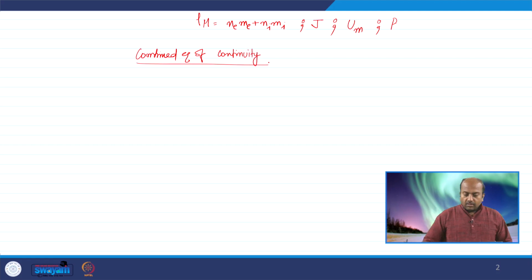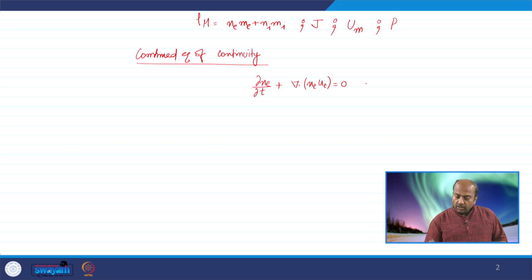Okay. So, let us start from what we know already, which is dou Ne by dou t plus del dot Ne ue is equals to 0. Ne is the number of electrons per unit volume. The rate at which the number of electrons changes will be equal to the negative of the divergence of Ne times ue.